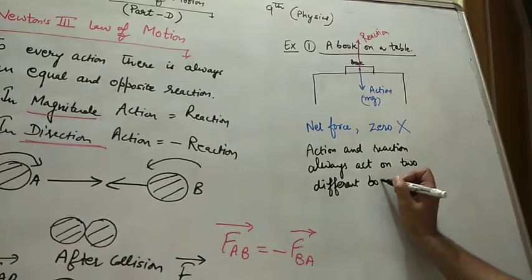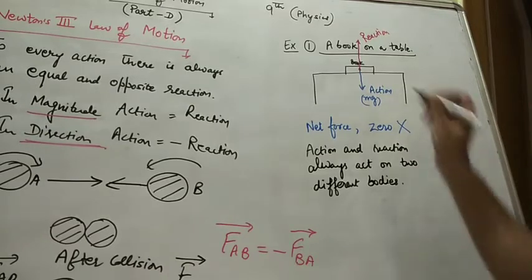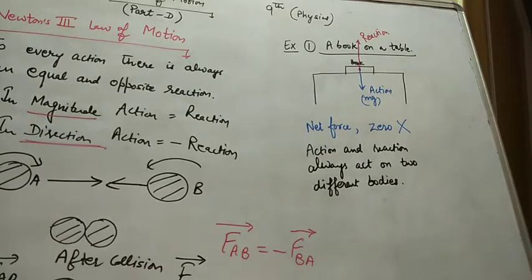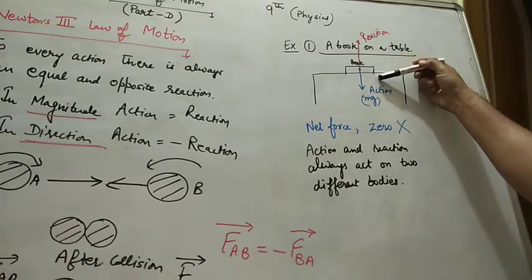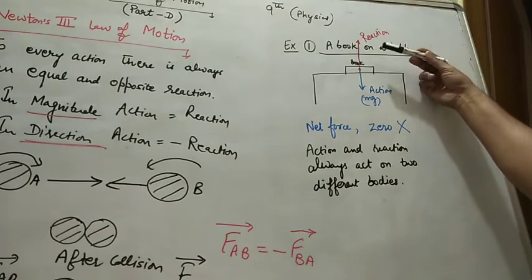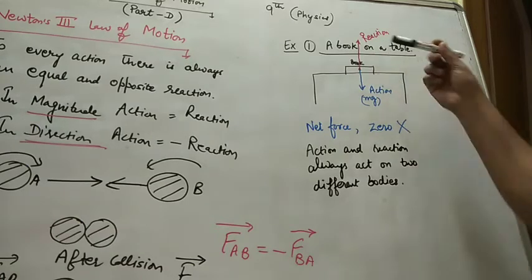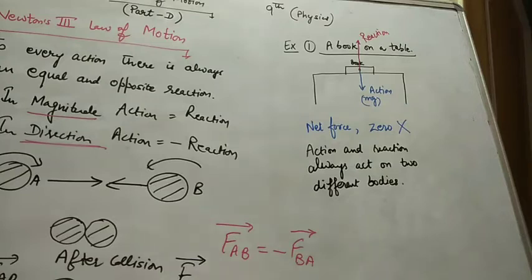They do not act on the same body. Just like action is acting on the table and reaction is acting on the book. So book and table are two different things.